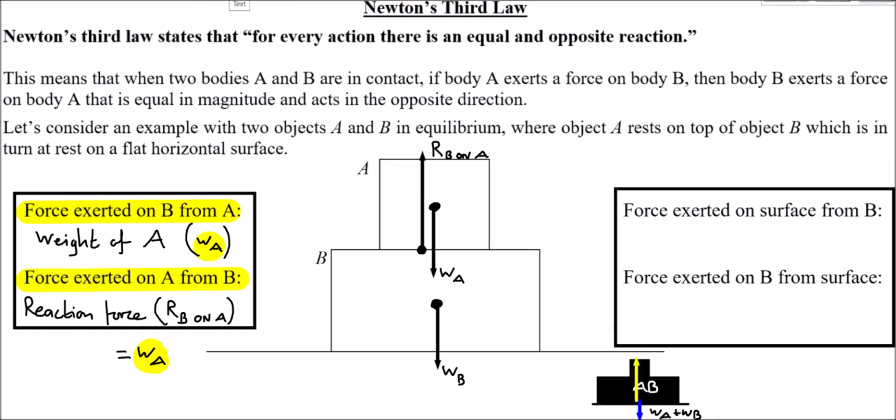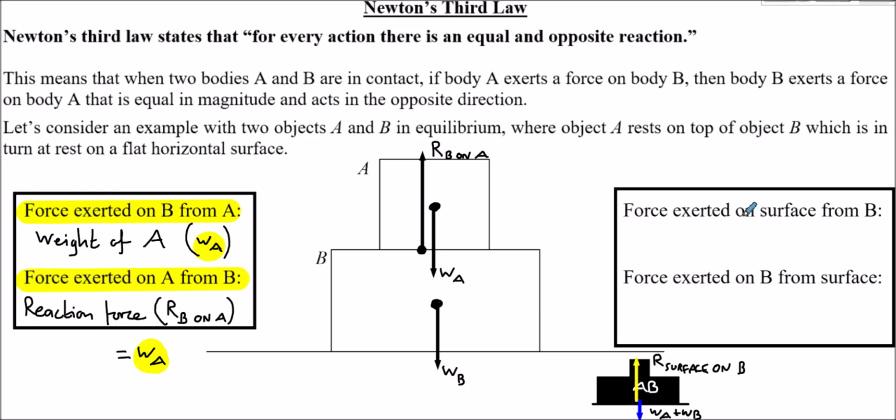And that reaction force, reaction of the ground on B, reaction of surface on B. So again, if you see here, I've considered it as one whole particle, A and B combined. Sometimes it's more useful to do that rather than considering it just as two separate things.